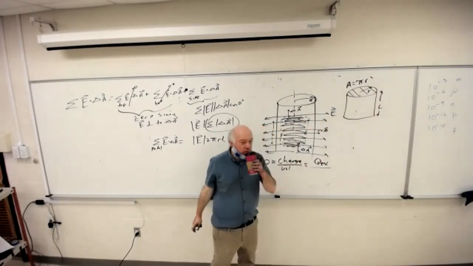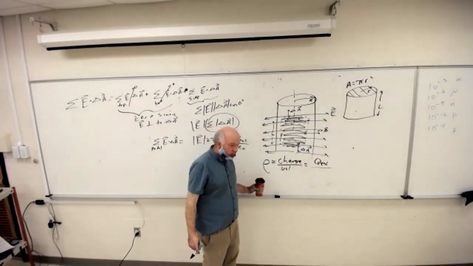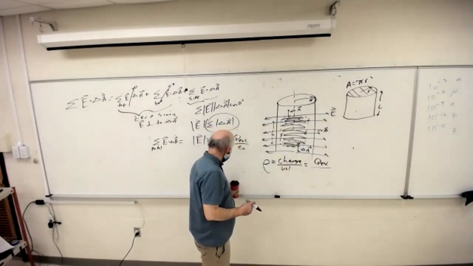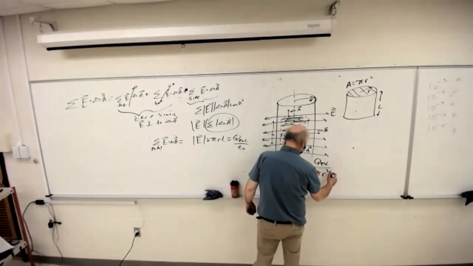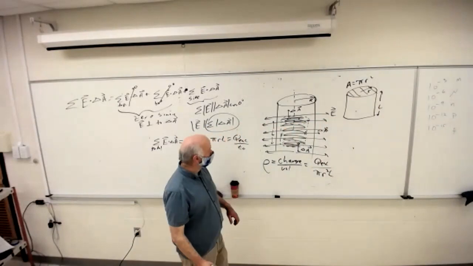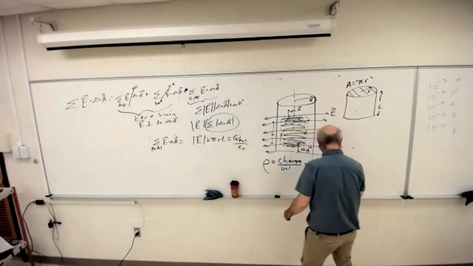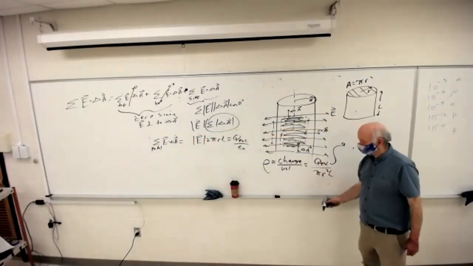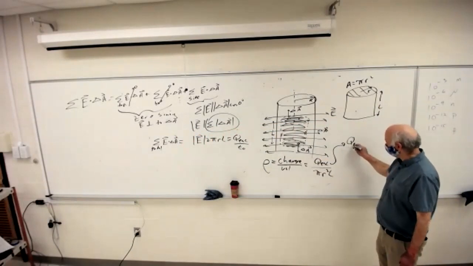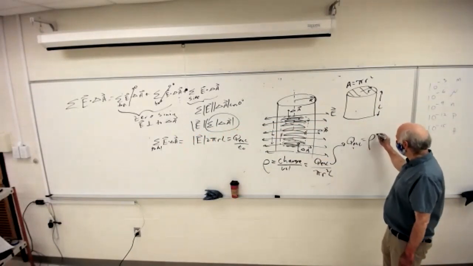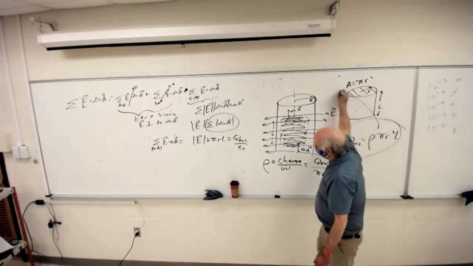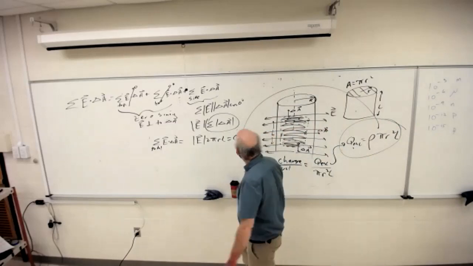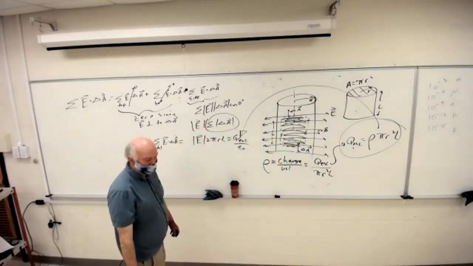So you take that area times length. Our Q enclosed equals rho pi r squared L, and this goes into here. I love drawing big arrows.